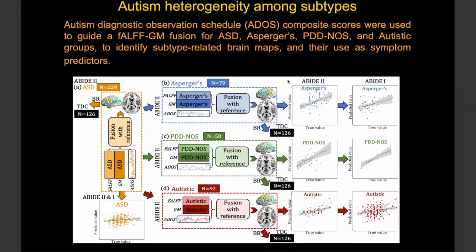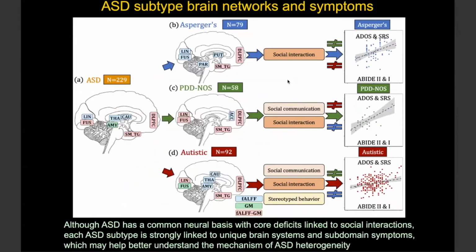And so we get maps out, and we check to see that it predicts, again, in different data sets, and you can see it does. And then the more interesting part is if we look at how well it predicts other symptom-based measures in these traditional subtypes. So we have Asperger's, we have not otherwise specified PDD, we have autistic.